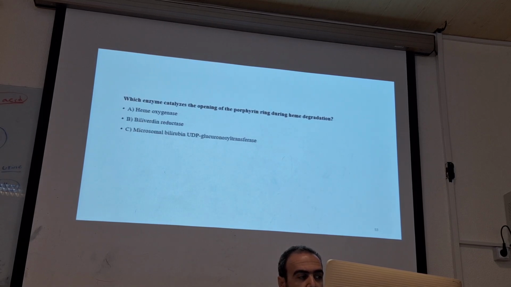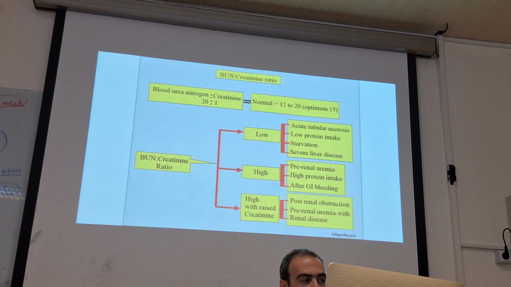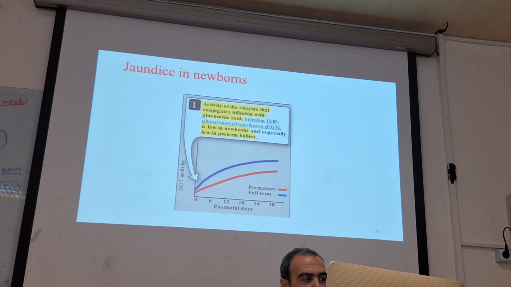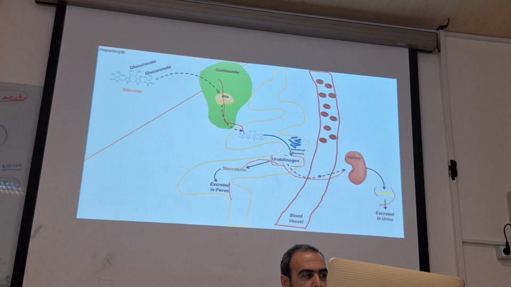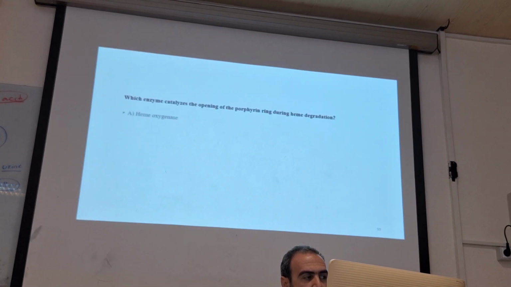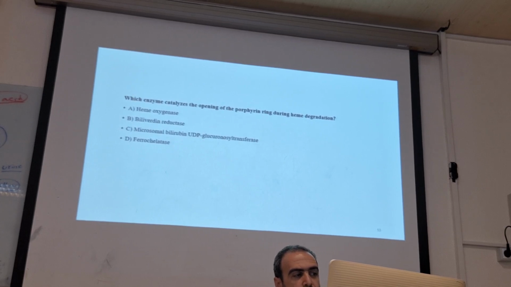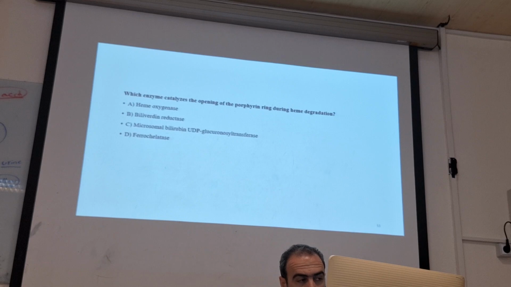So, the first, what happened? Give me the answer. This is D. It's A, either A or B. One of them. A or B?